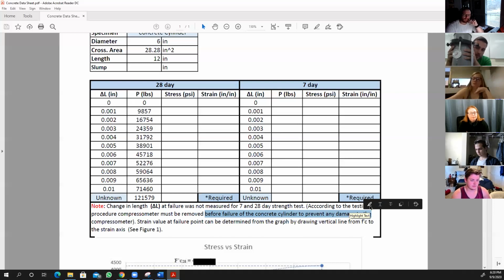But I cannot keep this on the specimen all the way to the failure, because once the concrete fails, the extensometer is going to fail as well. So why would I waste $500 just for one cylinder? So I take it off. But I show you the way to calculate.